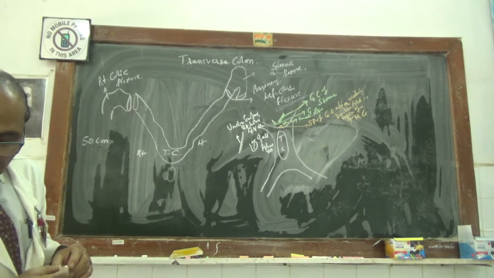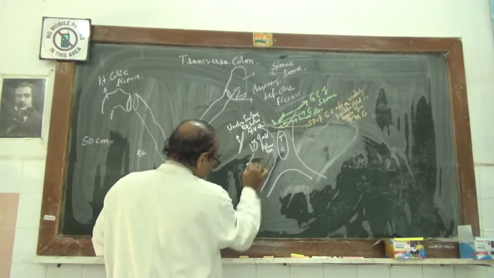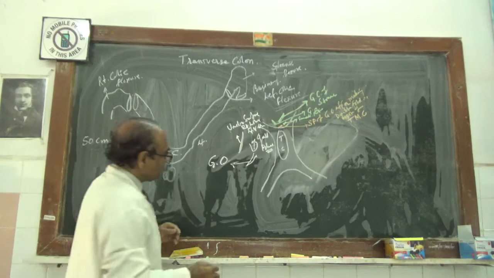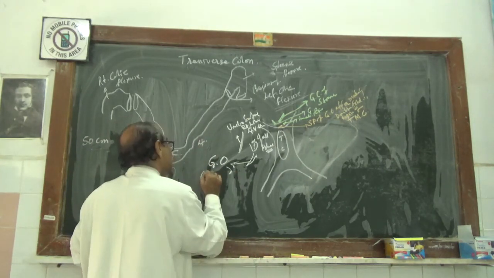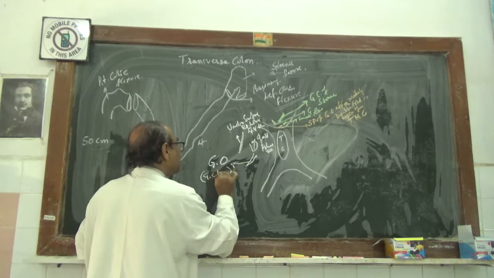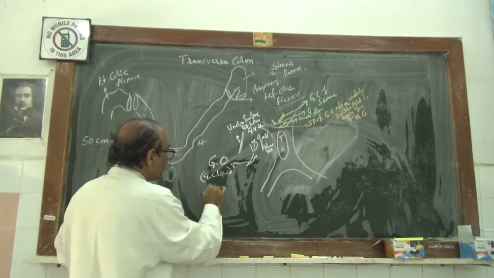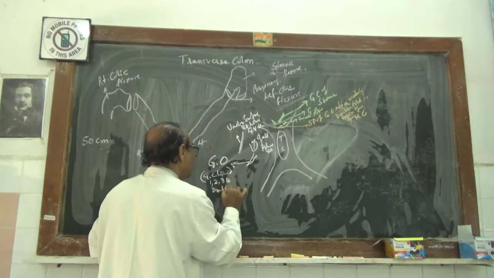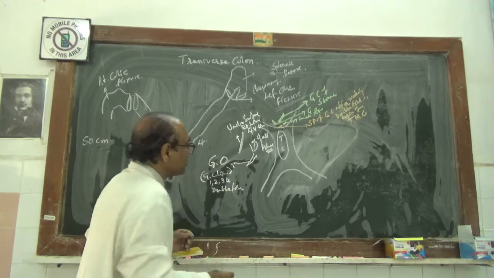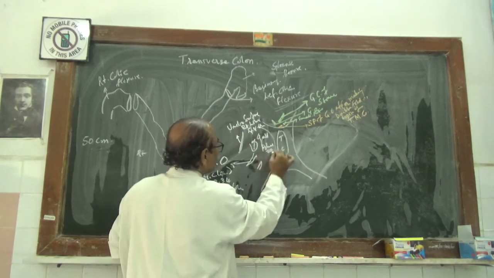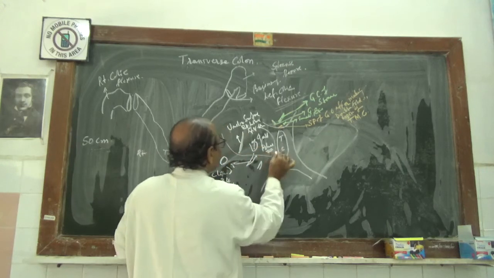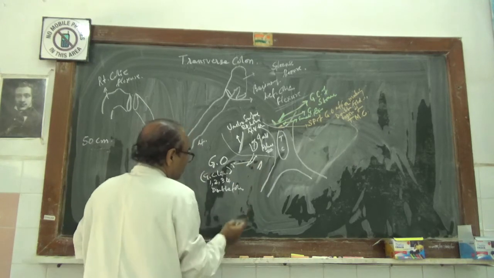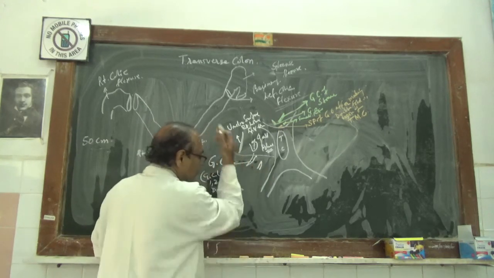In front only, you will be having the greater omentum, which is also called the gastrocolic ligament, which is a double fold. So that will be coming. Just mentioned, on the surface of the right lobe of liver and the gallbladder, and then the greater omentum, double fold and all. This will be on the right side.